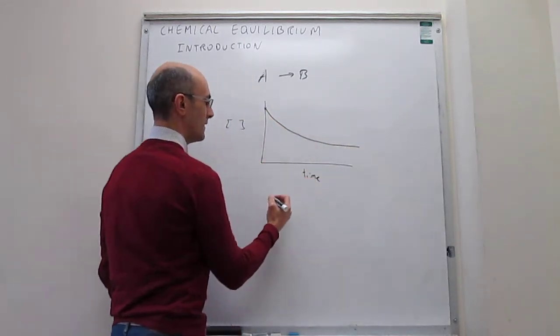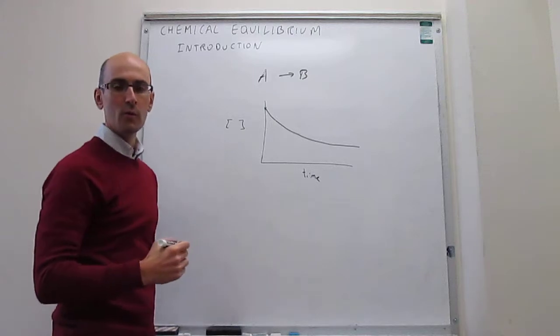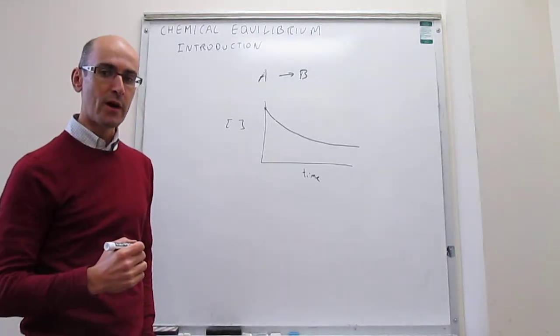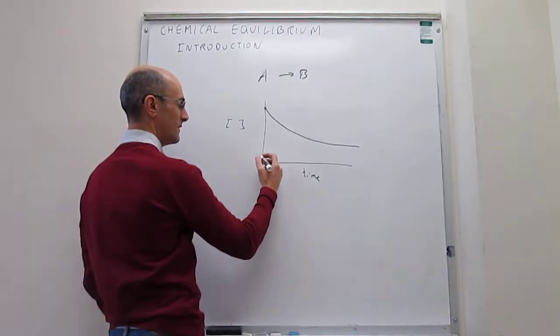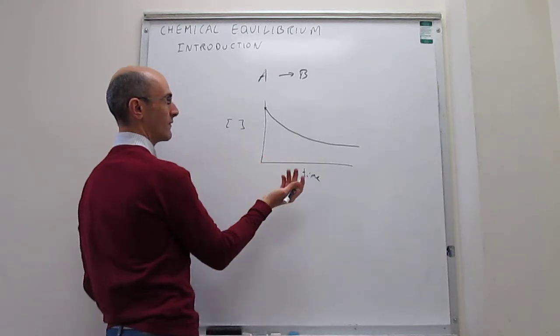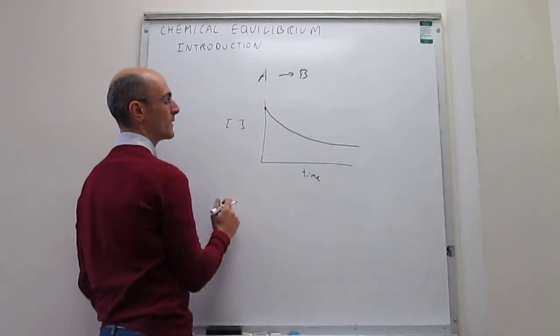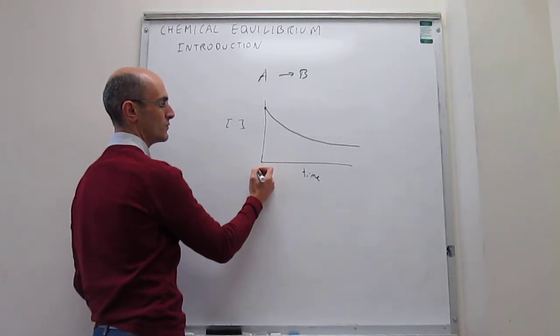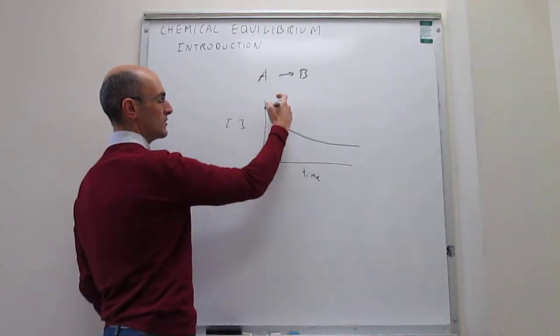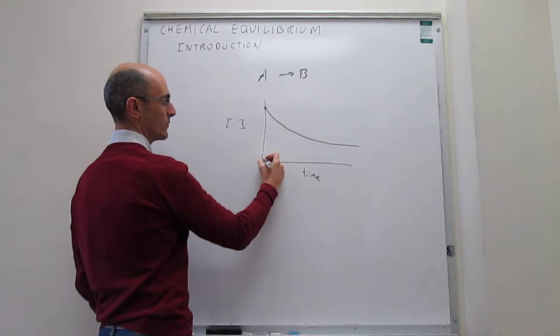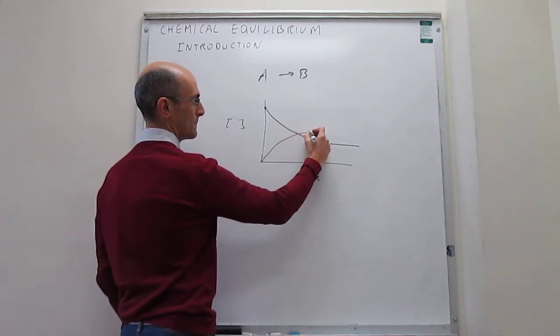Then we can also plot how the concentration of B, the product, would evolve on time. If you start with no B, then it has a concentration of 0, but as A is turning into B, the concentration of B starts to increase, perhaps in this fashion.